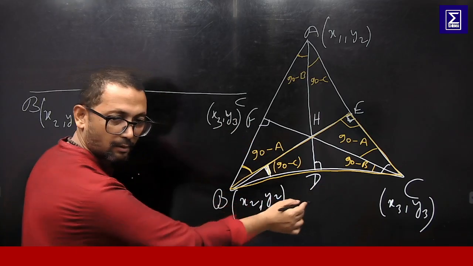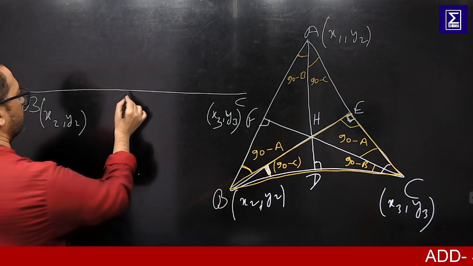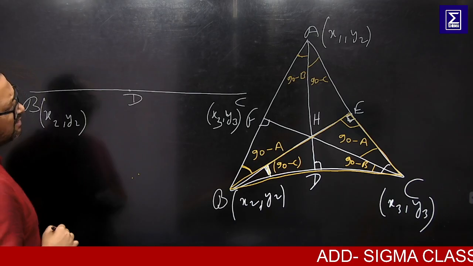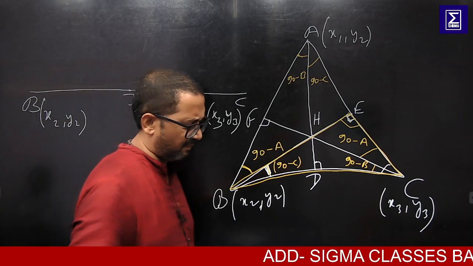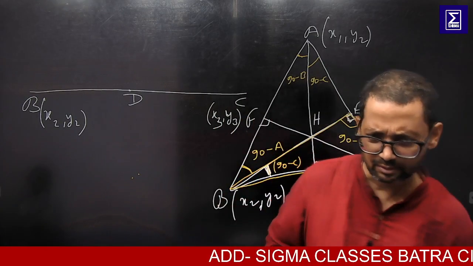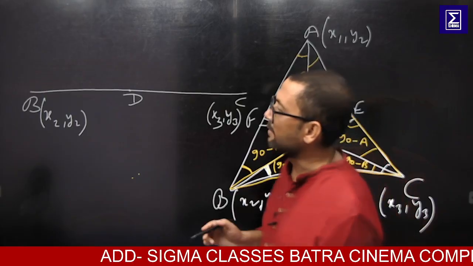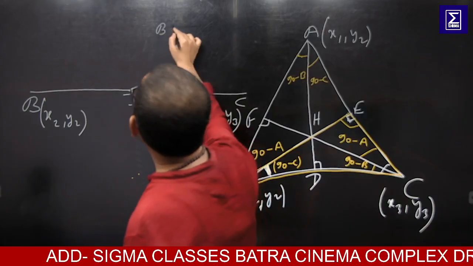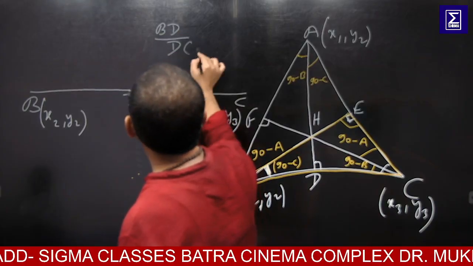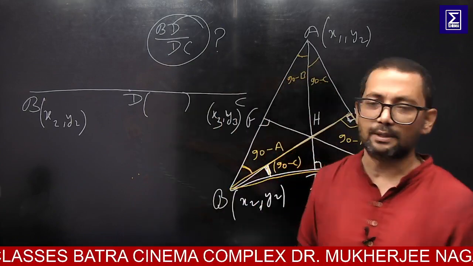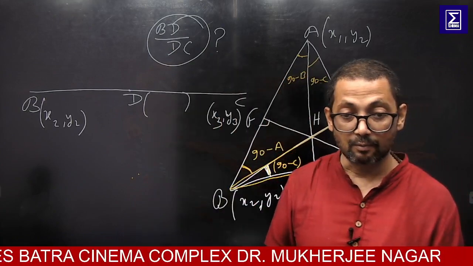Yes or no? There is a point lying on this line, that is D. Is D the bisector? No, D is just making an angle of 90 degrees. If we somehow get BD upon DC, then will we be able to get the coordinate of D, yes or no? By which formula?